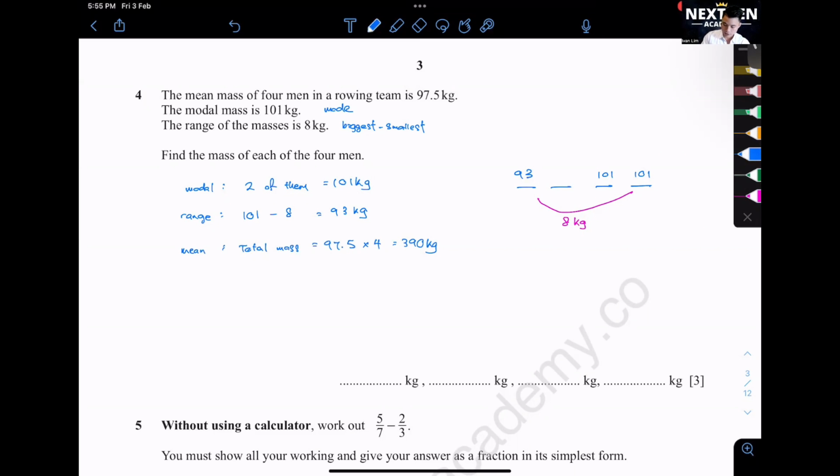So the last man will take 390 minus 93 minus 101 minus 101. In the calculator, you get 95. So this guy here is 95. So 93, 95, 101, 101 will fulfill all of these statements.